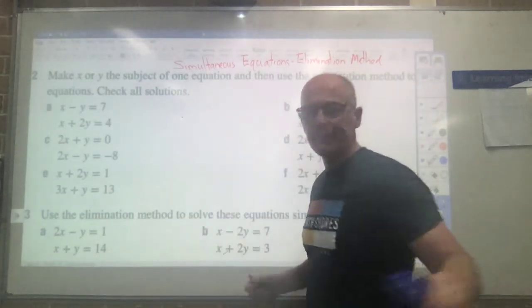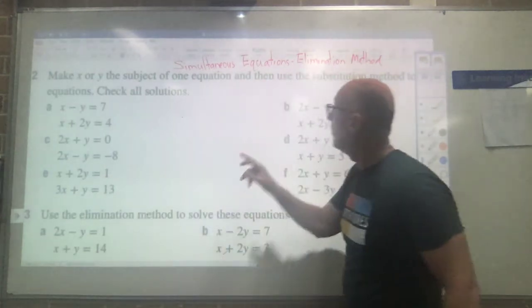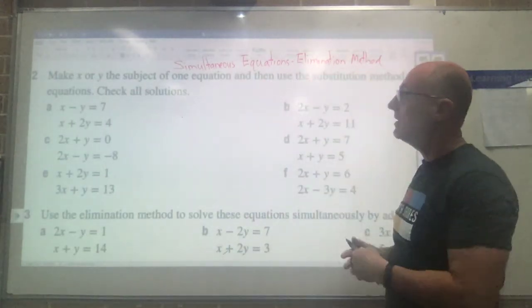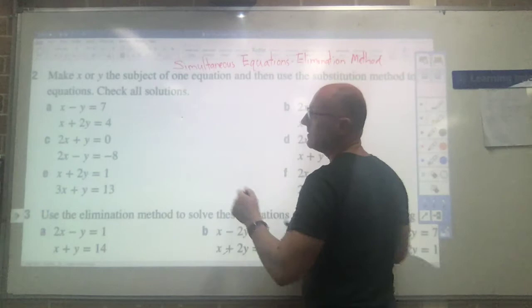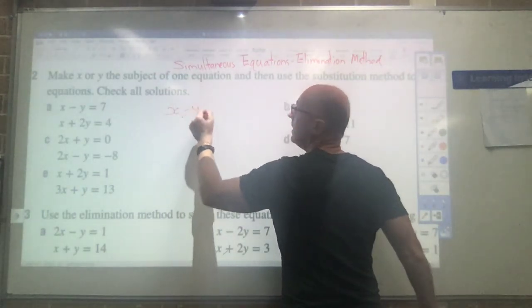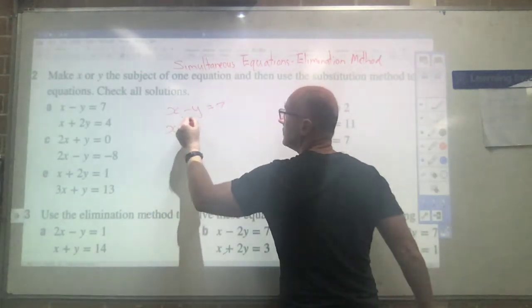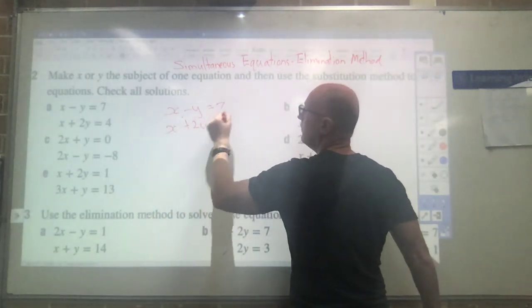There's a couple of different ways of doing this, but I'm going to stick to what we call the elimination method. If I write that first one out, which is question A, I've got x minus y equals 7 and x plus 2y equals 4.